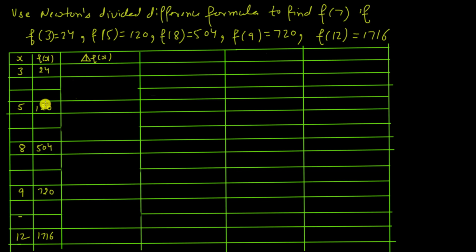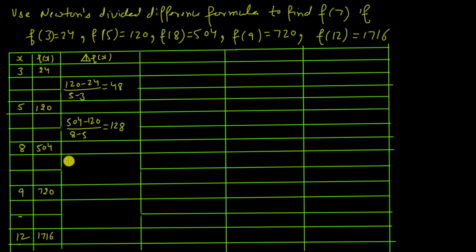So now I will write 120 minus 24 divided by 5 minus 3, which comes out to be 48. Similarly 504 minus 120 divided by 8 minus 5. This comes out to be 128.